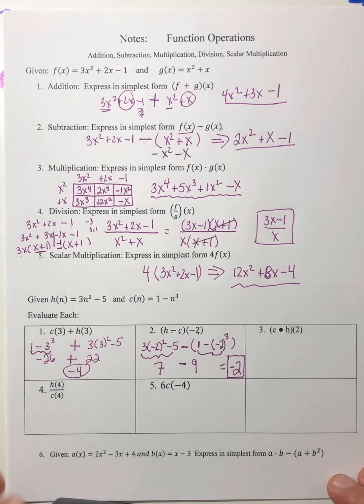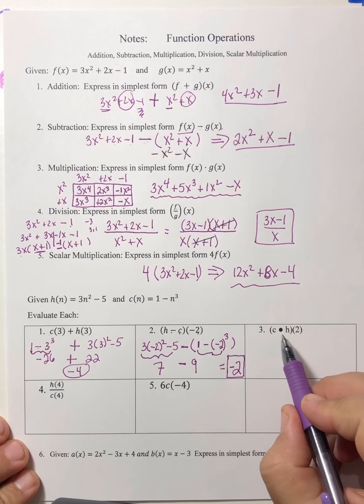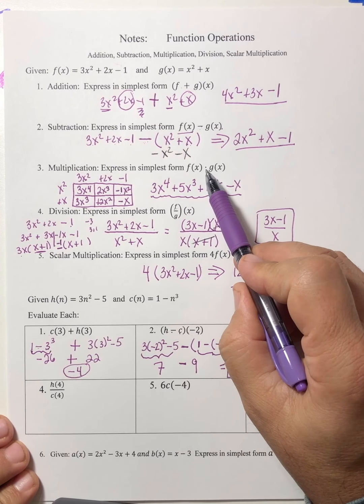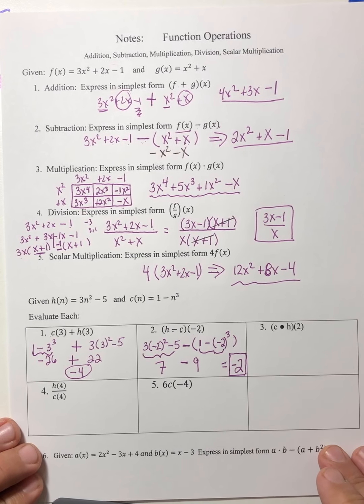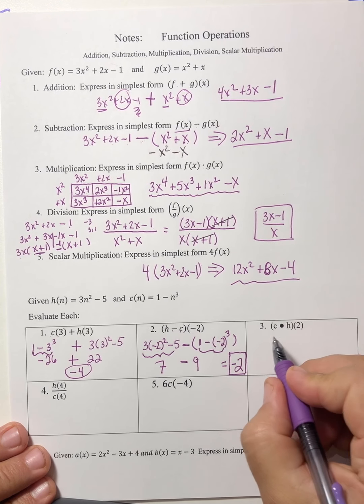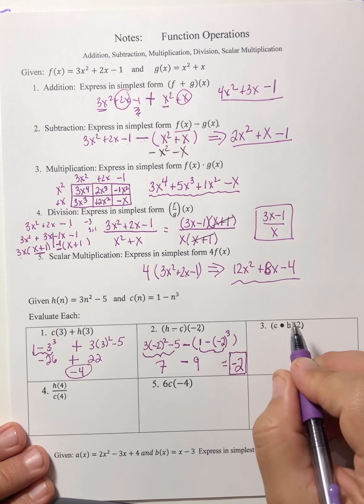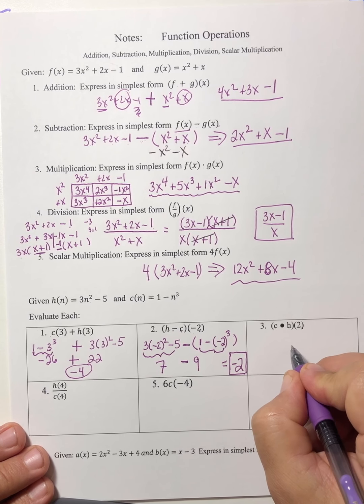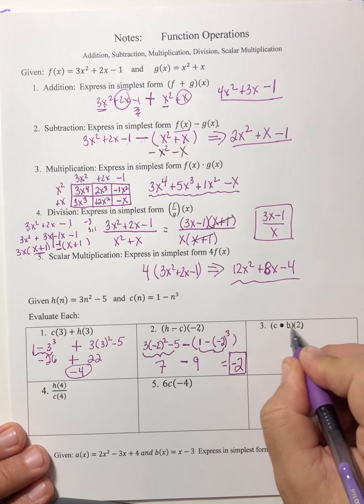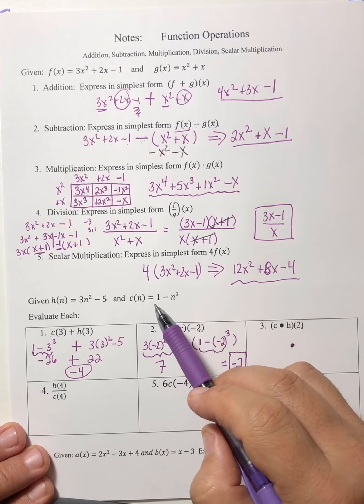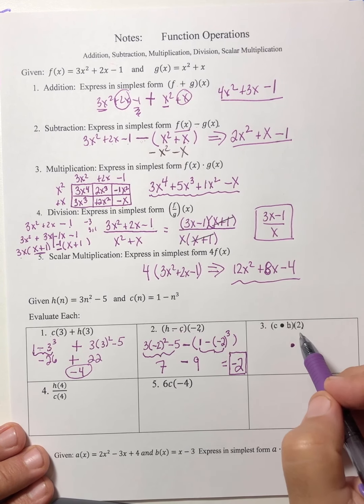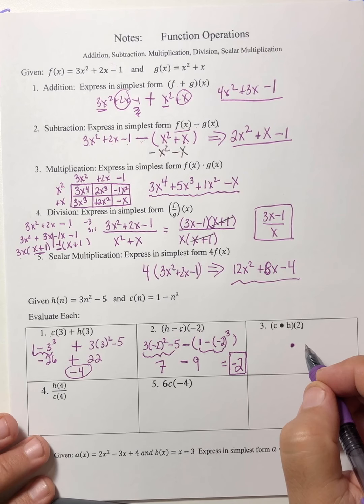Okay. This big fat dot right there is just like that little dot right there. It's just saying times. So c times h of 2. So we're going to do the c first, then whatever that answer is times whatever the answer is. Again, I could have multiplied first, then plugged in 2. I'm just going to plug in 2, then I'll multiply my results.